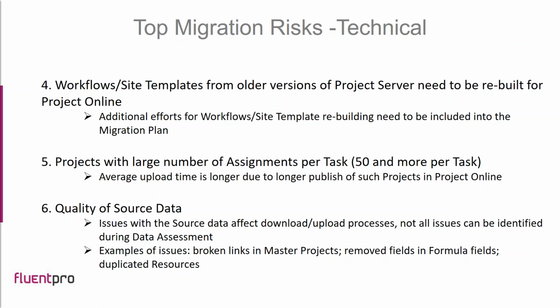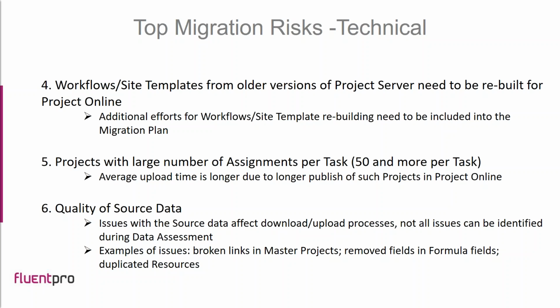Some examples of such issues are broken links in master projects, when in the master project there is a link to a sub-project, but the sub-project actually does not exist anymore. This usually causes issues during the upload of the master project, when the corresponding sub-project is not found.